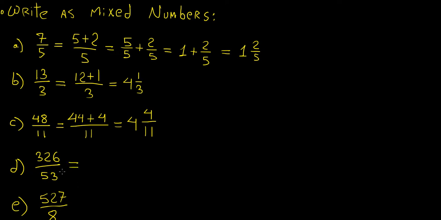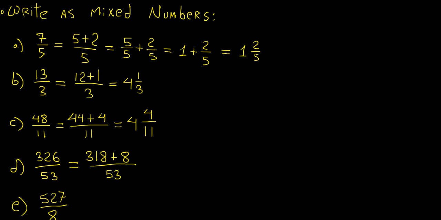Now this was a little bit trickier, but we can hopefully notice that one multiple of 53 would be 6 times 53. So that would be 318, plus the leftover, which in this case is 8.